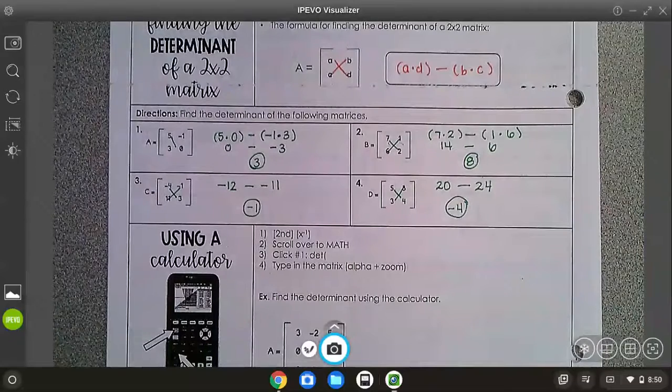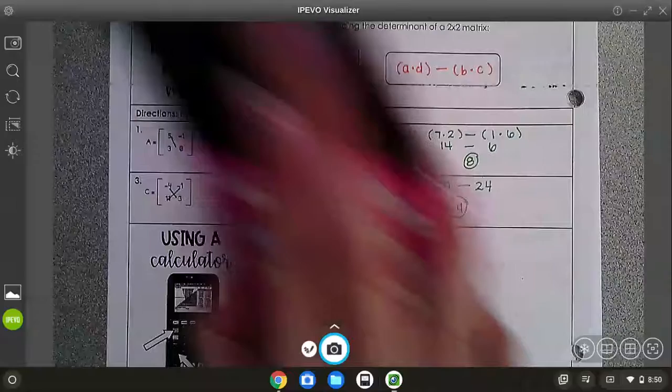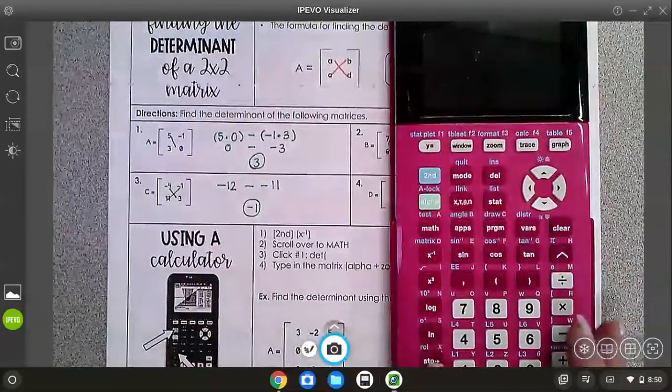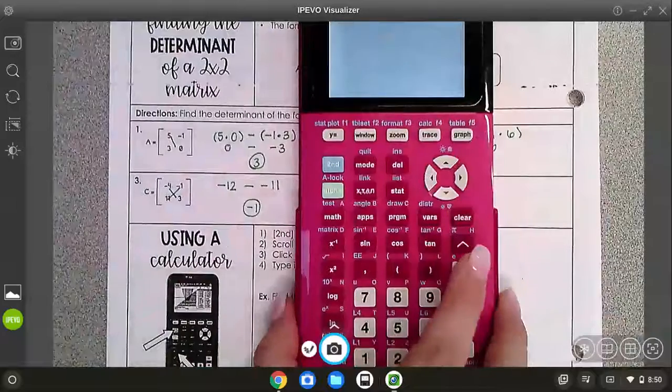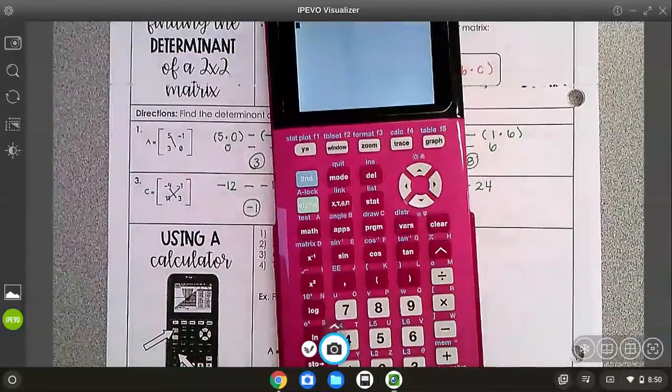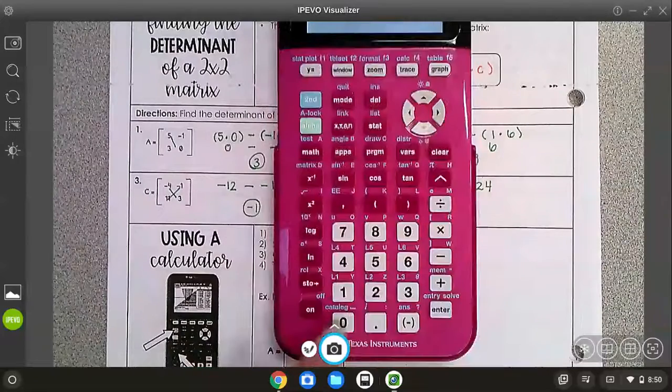Not too bad. Now, using a calculator, you kind of have to remember the steps, which I've written down here. Let me show you something about the calculator that you may not know. Above the 0, it says catalog. If there's ever something you don't know how to find, the catalog has everything.